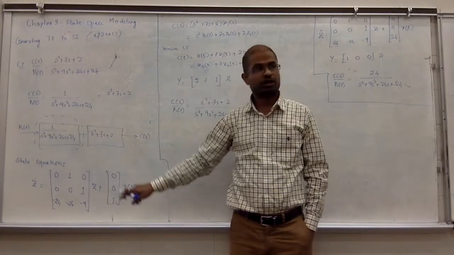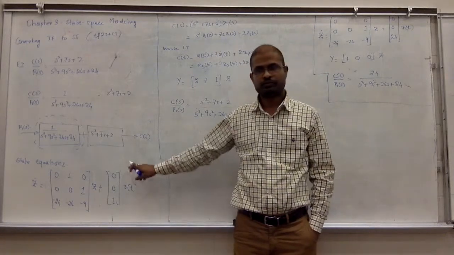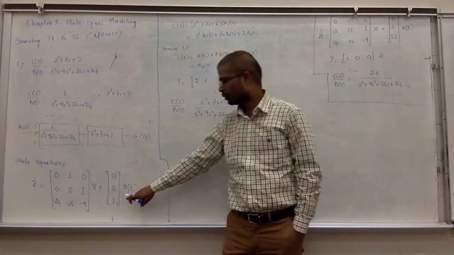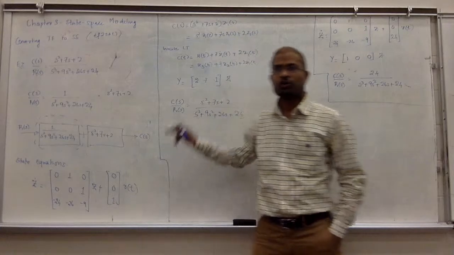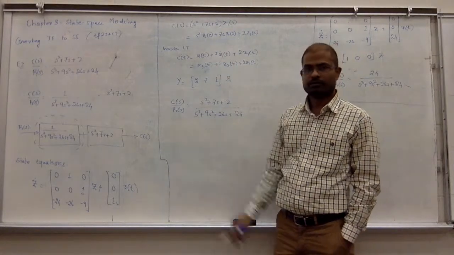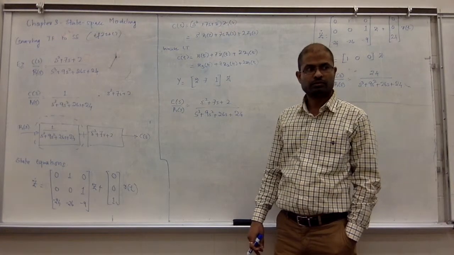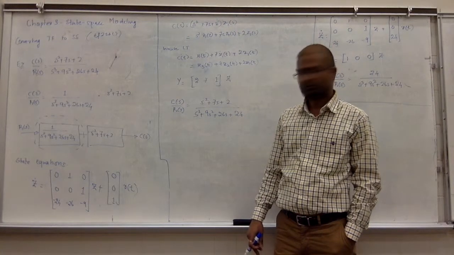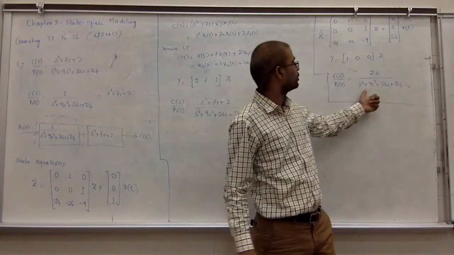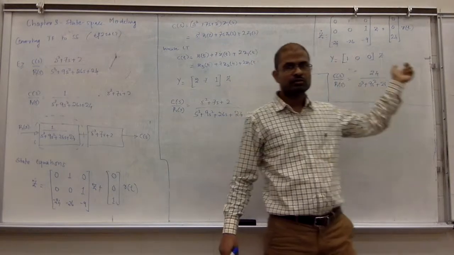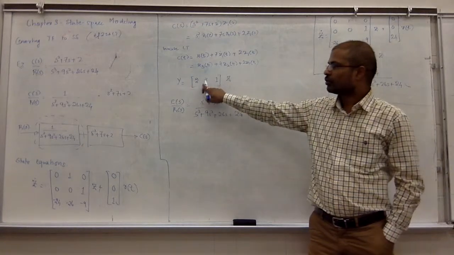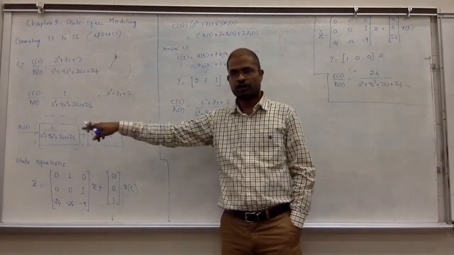Right, but for the state equations, the numerator is 1. So this 1 will end up here. Your output equation will vary. The output equation here is the numerator, the reverse of the numerator.